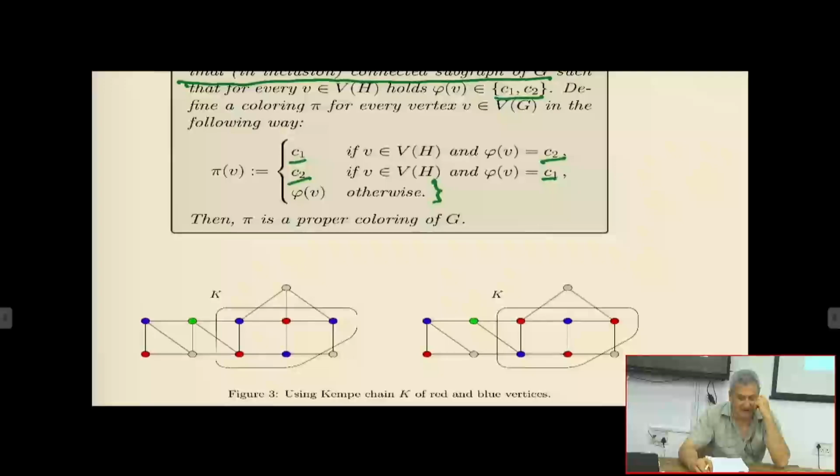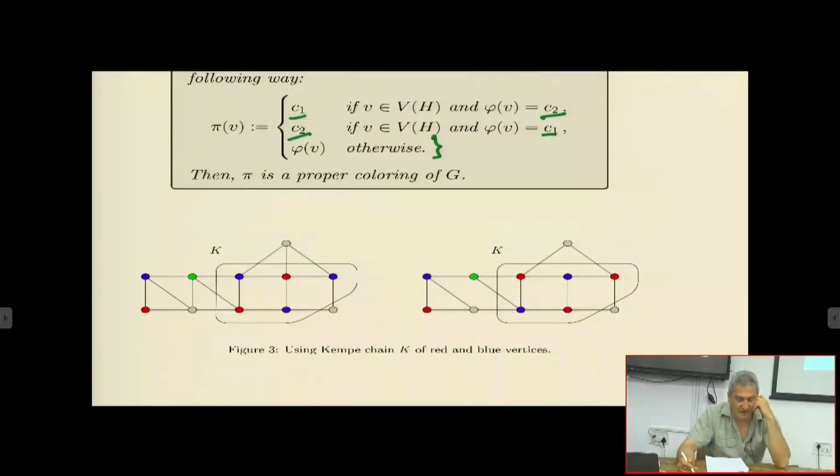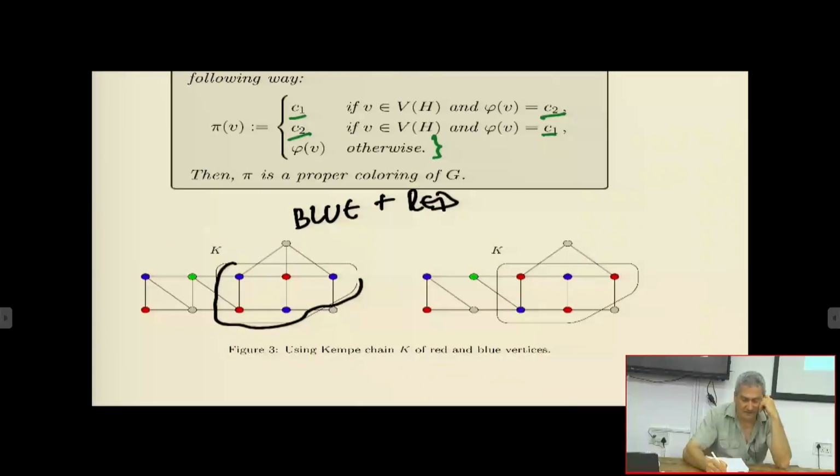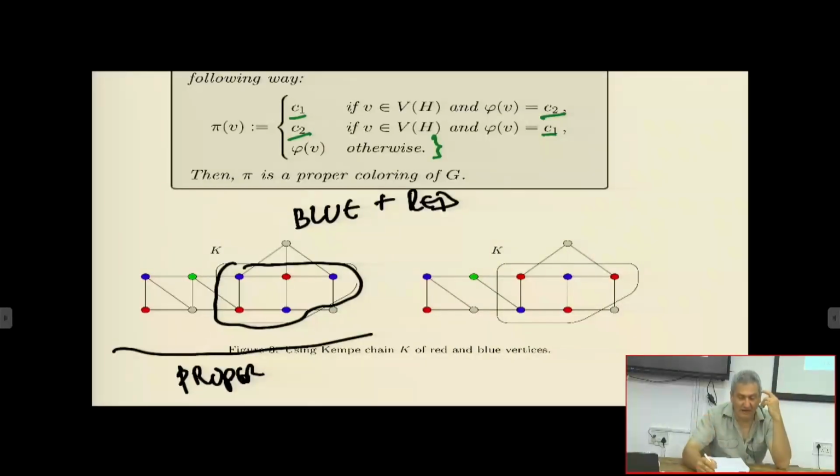So here is an illustration. We take blue plus red. We take this component, and together this is a proper coloring. We take a maximal one. We cannot take just part, we cannot take just like 3. We must take all this part which is connected. We always take connected parts, otherwise it will be a problem.